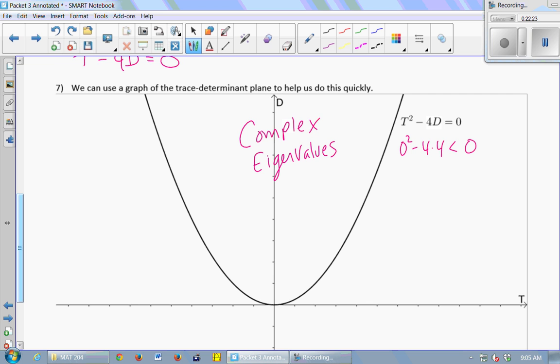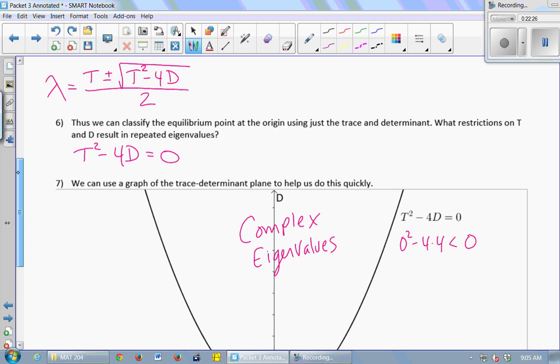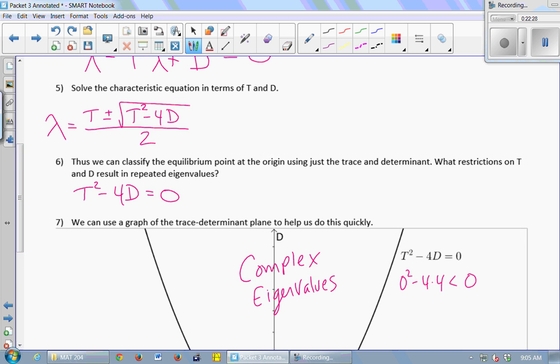So if we go back up to my quadratic formula up here, it's the real part, right? The T squared minus 4D is negative. That makes it spiral. It's the real part that's going to tell you whether it's a source or a sink. So that T, the trace, if the trace is positive, you're going to get a spiral source.